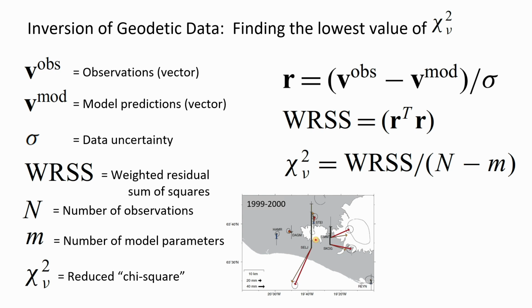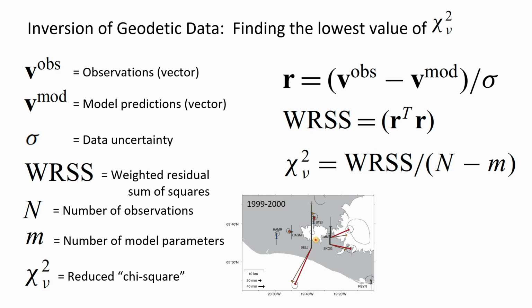First, we need to organize our observations. They can, for example, be GNSS displacements, line of sight change in pixel of an interferogram, or ground tilt measurements. We do this by organizing them into one vector of observations, denoted here as V superscript obs, standing for observations. It's a string of numbers that contains all the observations.